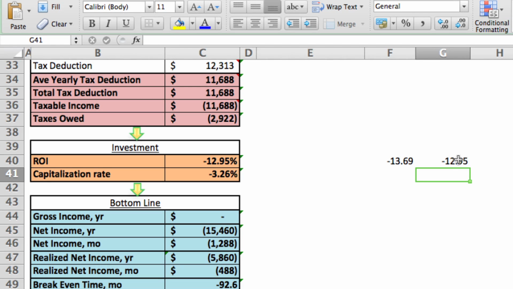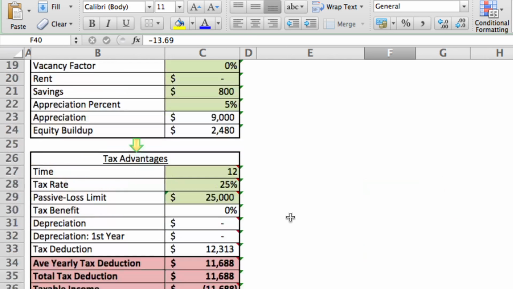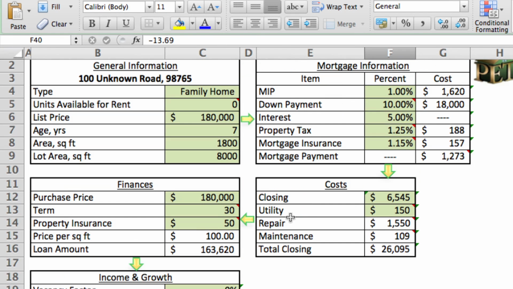Now, we can see that this property is less negative than the prior case, which was the $200,000 property, which was negative 13.69%. Now, even though this property is less in terms of its cost, $180,000, but it is older and it is a little smaller.